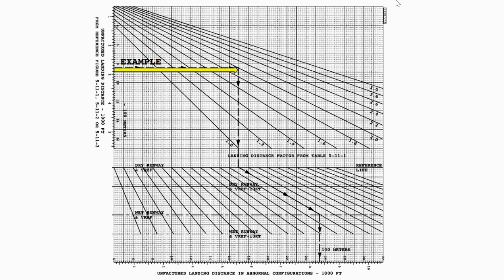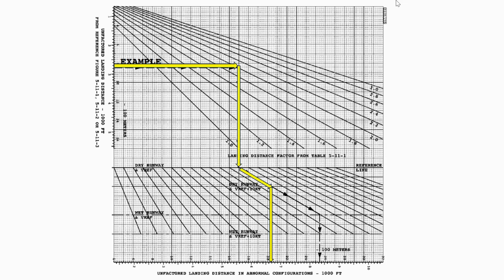So we go to 2 and drop the line like this to a reference line, and this one here gives you the dry runway and VREF. I'm going to use dry runway and VREF plus 10, so my speed will be VREF plus 10 for this particular configuration. I stop my line there, follow these lines on the graph, and then drop a vertical line downwards.